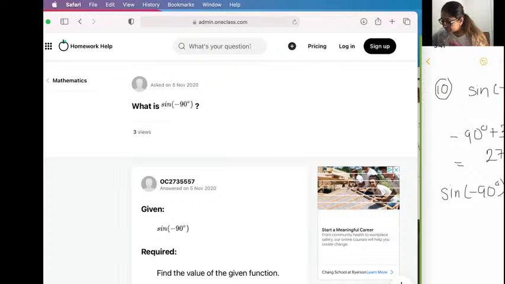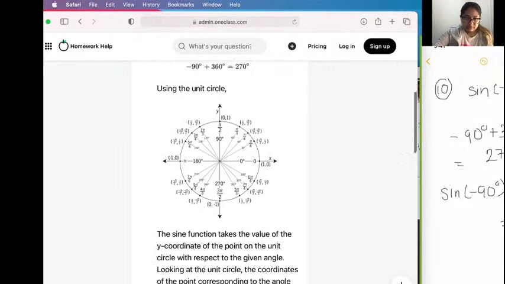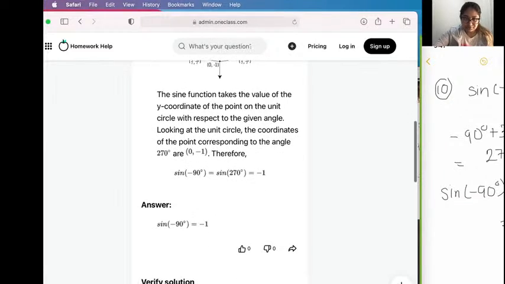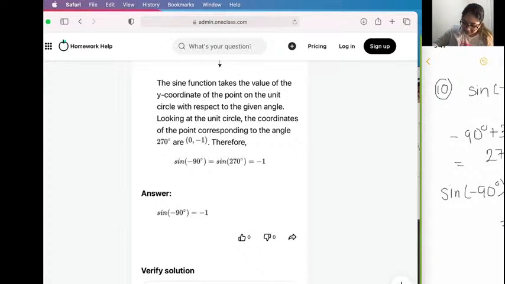Since we want to deal with positive angles here, I would convert the negative angle to a positive angle by adding 360. So in this case, sine of -90 is equal to sine of 270, which basically equals -1. And yes, the answer is this. It's a straight sine.